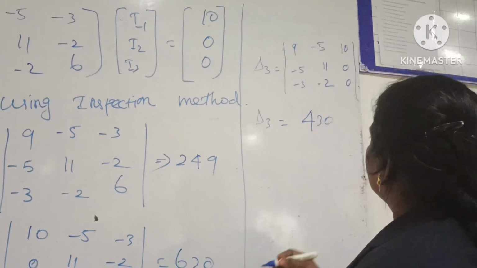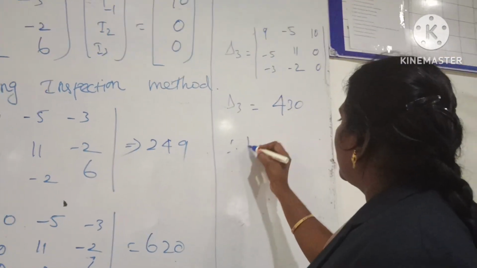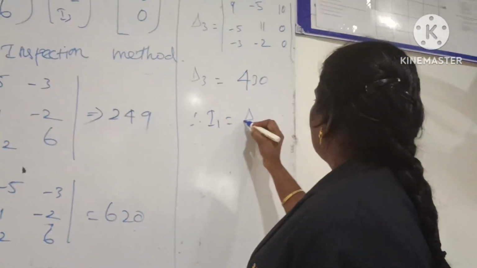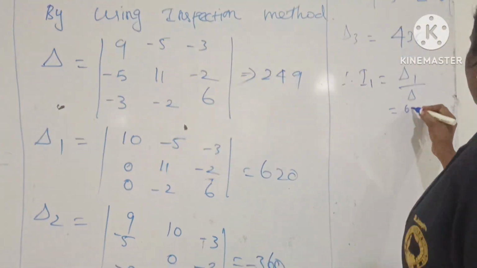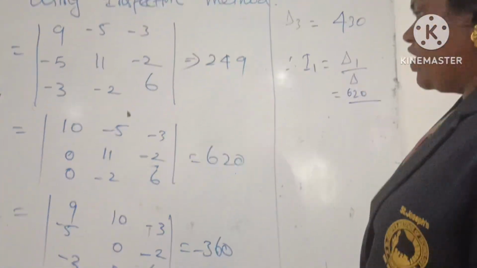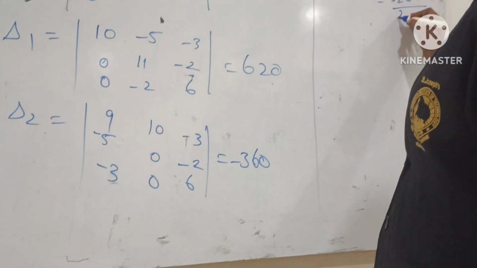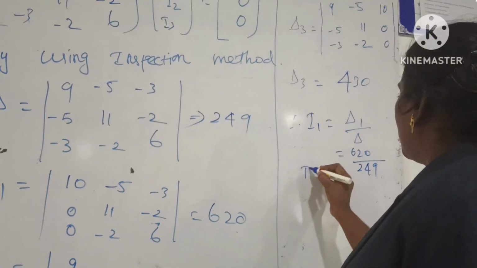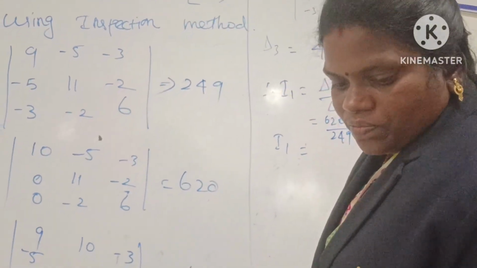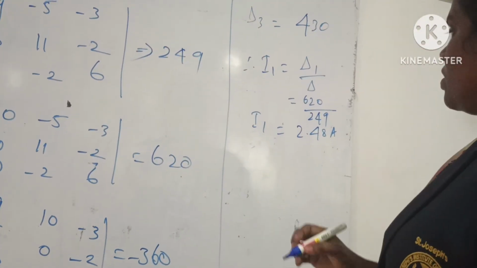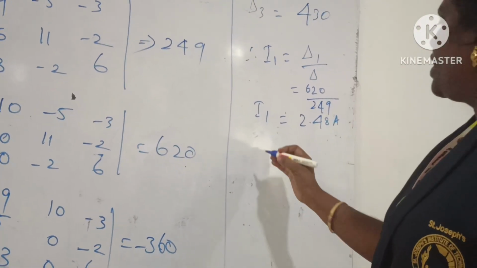So del 3 value is 430. You have to find the current I1, which is del 1 by del: 620 divided by 249, so I1 is 2.48 amps.